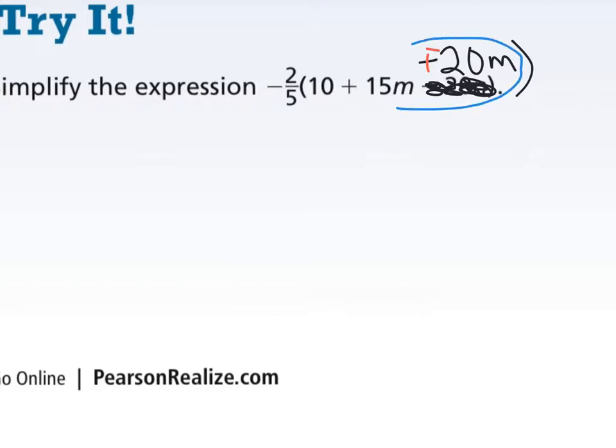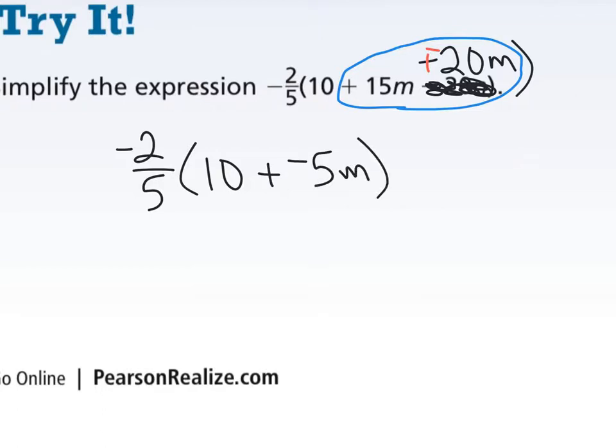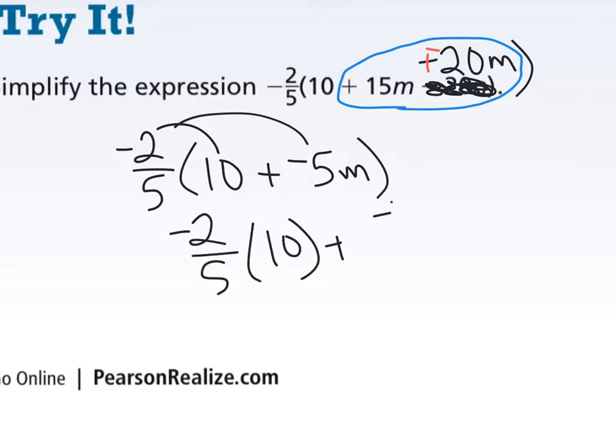So just to show you an option of that, if we combine, we've got 15m plus negative 20m would be negative 5m. So plus negative 5m, or just minus m if you want. And then we can distribute. So we've got negative 2/5 times 10 plus negative 2/5 times negative 5m.